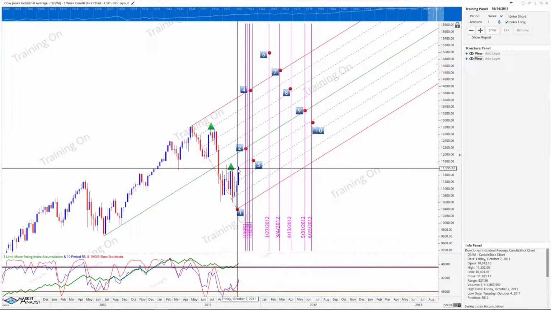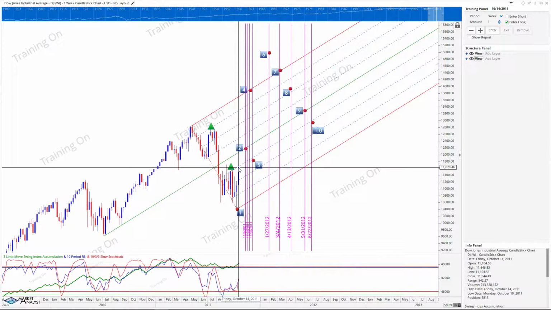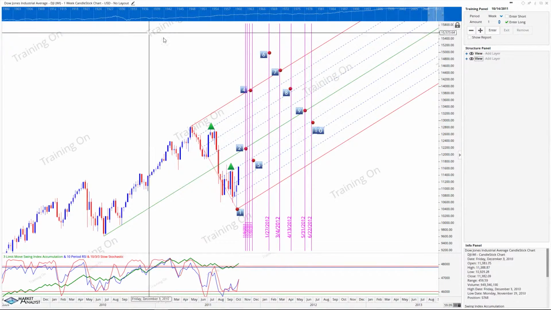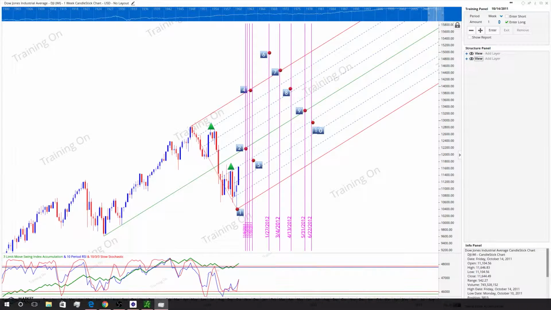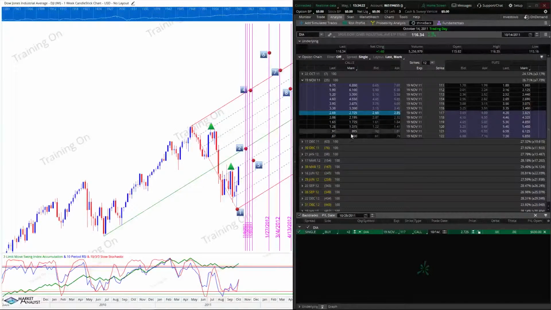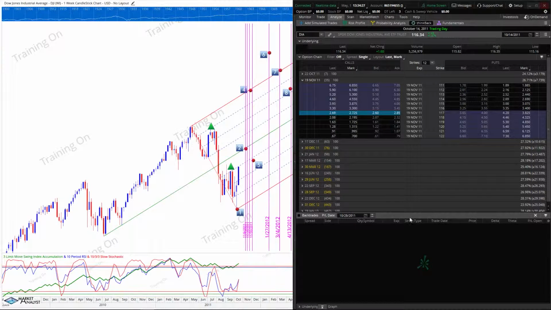And what we'll do then is, let's go ahead and look at the options for the Dow Jones Industrial Average with the 11th. I should have that down here. Okay, that's not good. We'll try this again. This is only a test. It's October 14th, 2011.